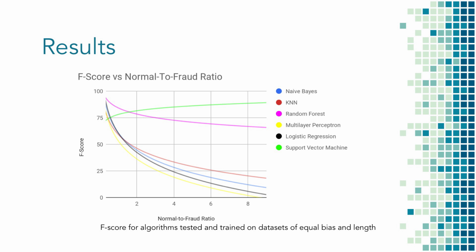So for example, let's look at KNN right here, which is the red line. At about 1/3 normal to fraud ratio, you have an F-score of about 80%. But when you look over here at about 9-to-1 normal to fraud ratio, your F-score actually drops to 20%. The only algorithm that doesn't apply to this happens to be the support vector machine, which is seen right here.